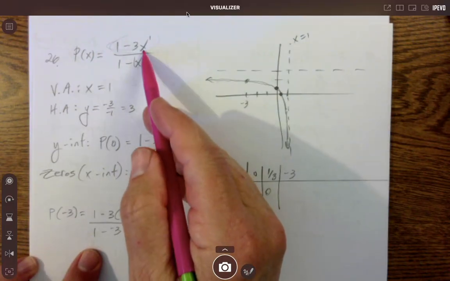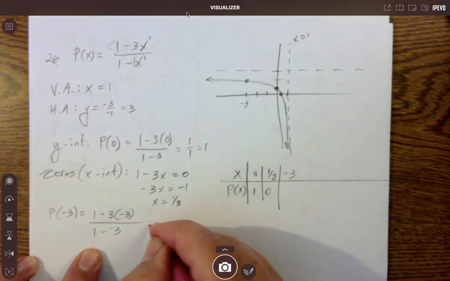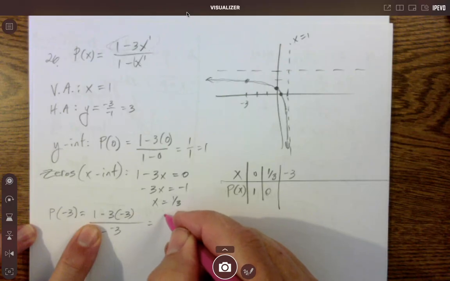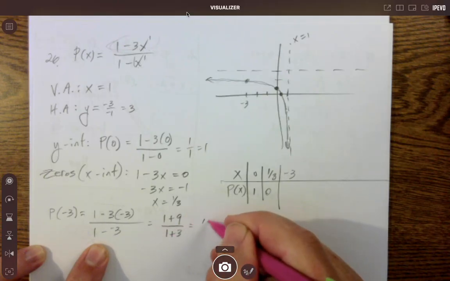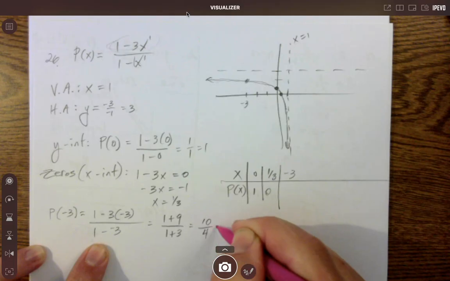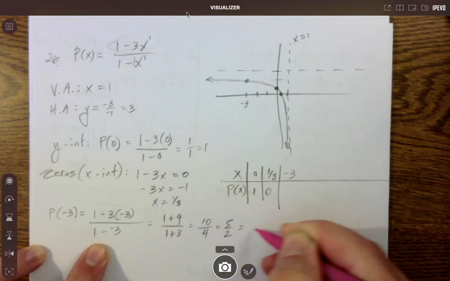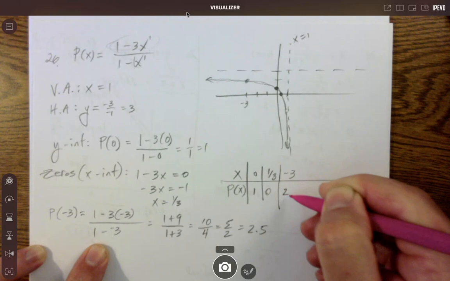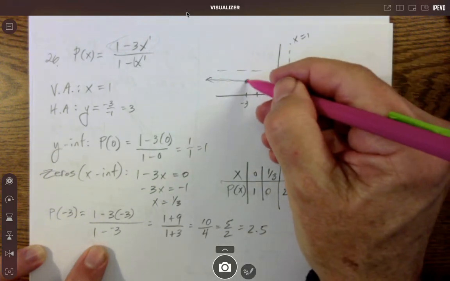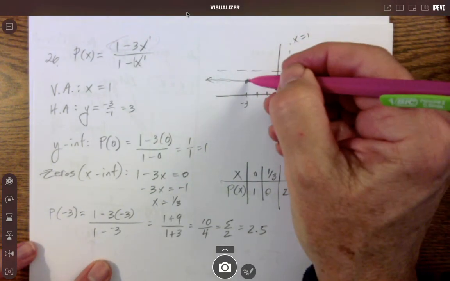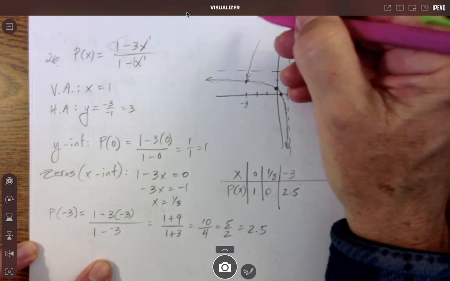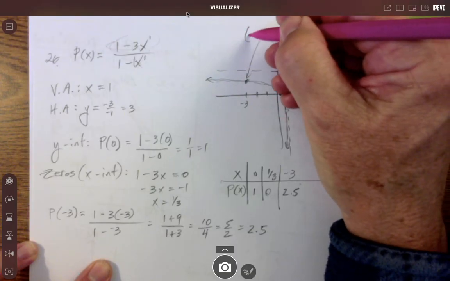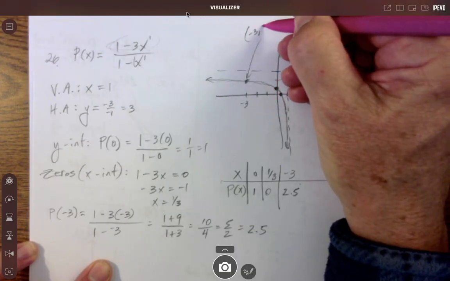So I'm just plugging negative 3 into these two x values. This gives me 1 plus 9 over 1 plus 3, so it's 10/4 or 5/2 or 2.5, right? So 2.5 is that point right there. So that should be up to 2.5. Doesn't look like it. My graph is not super good. I'm not using graph paper, but that coordinate right there is negative 3, 2.5.